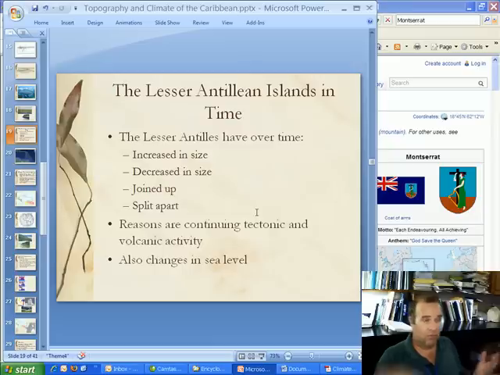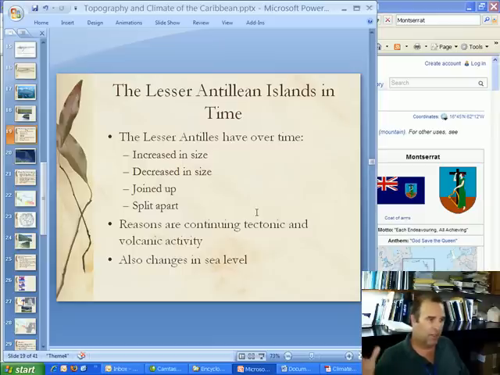Species could have exchanged between islands when they were joined together. Maybe Grenada was actually linked up to the continental shelf, and it would have taken a continental biota at that time. And when it split apart, it went its own way once again.